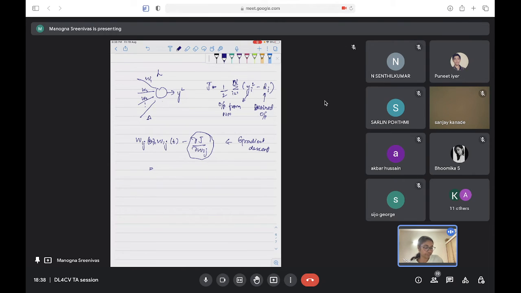If I shift my w by some delta w, then the cost function also will shift by some delta j, and I want to minimize this. So I will choose the direction in which j is reducing and find the corresponding delta w that will cause that delta j.